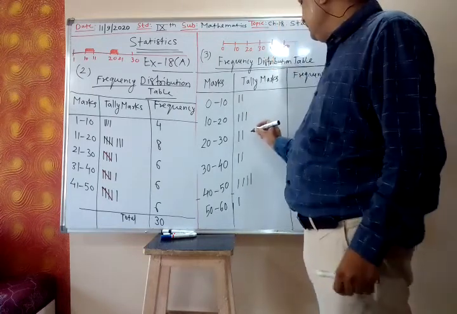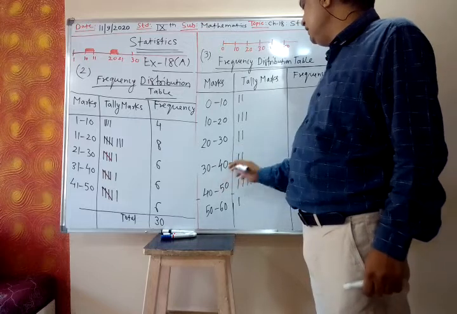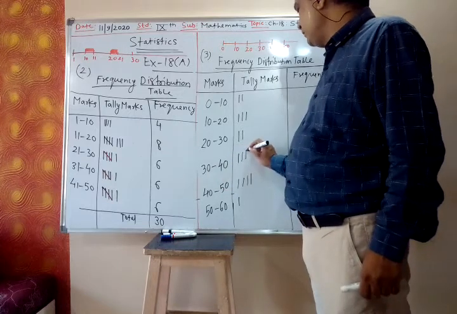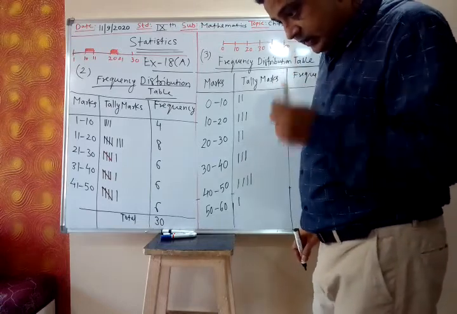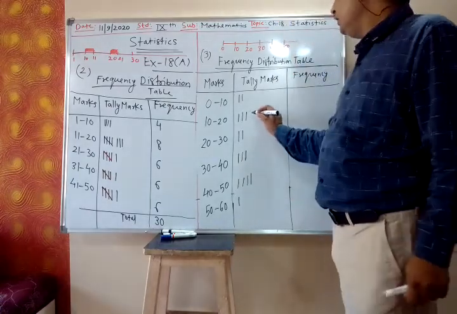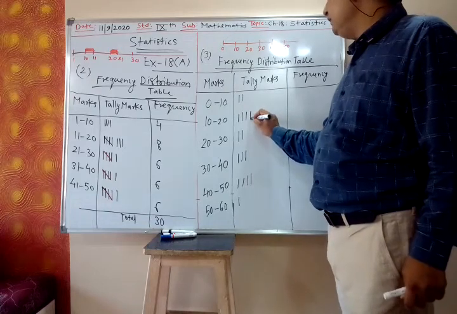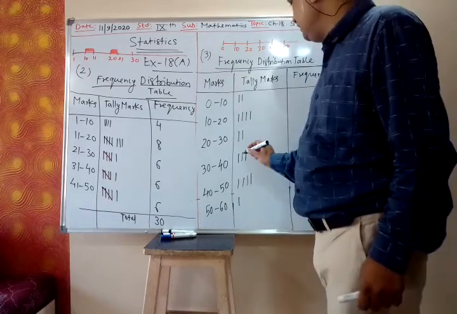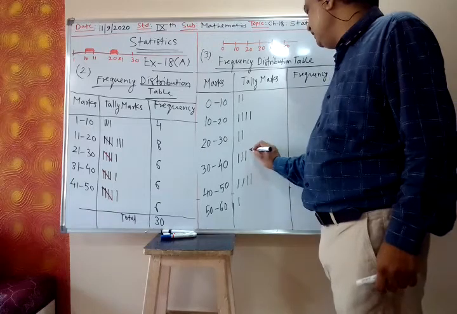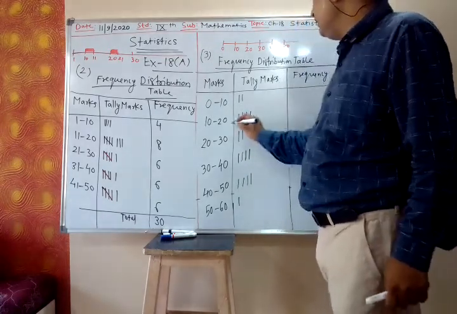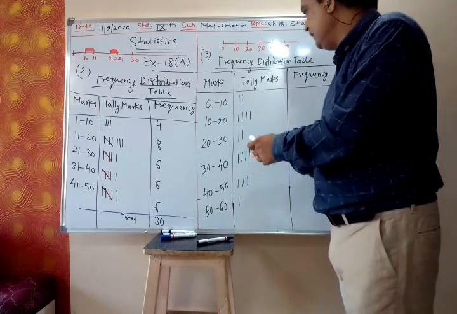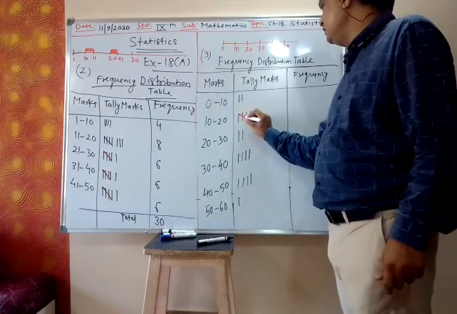Then 30, you will write in this, 30 to 40. Then 15, 10 to 20, 15. Then 30, again 30 you will write in this, 30 to 40. Then 11 you will write between 10 to 20, but that is the fifth stroke, so you will write that across.